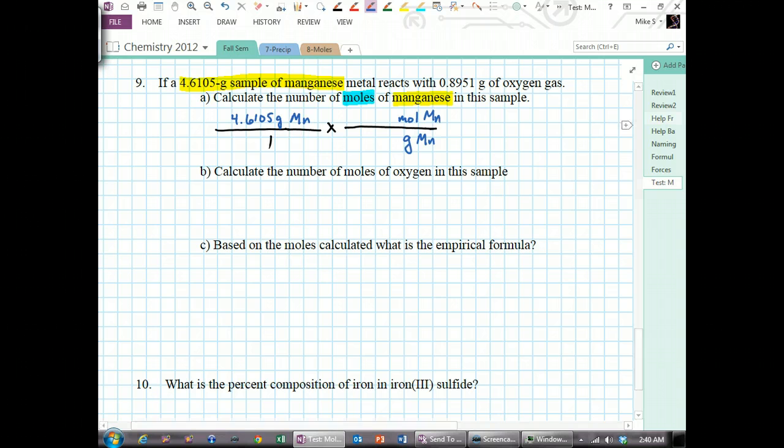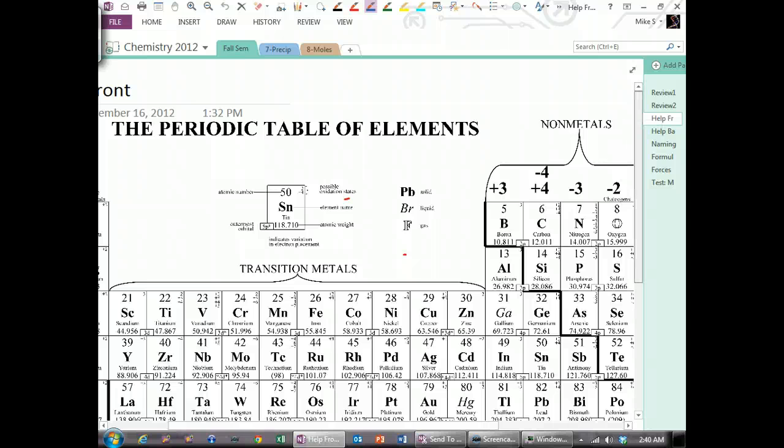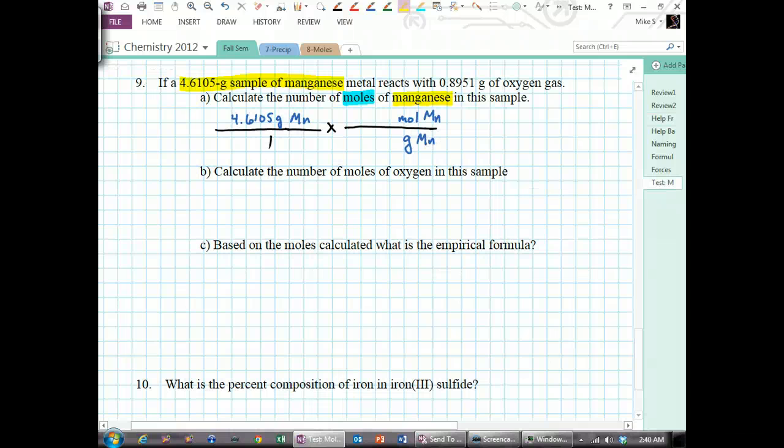I actually have to look it up. So I've got to go on the periodic table, and I find manganese on the periodic table, and it's 54.938. And so that's going to be the mass of 1 mole of manganese. So 54.938, and that's equal to 1 mole.